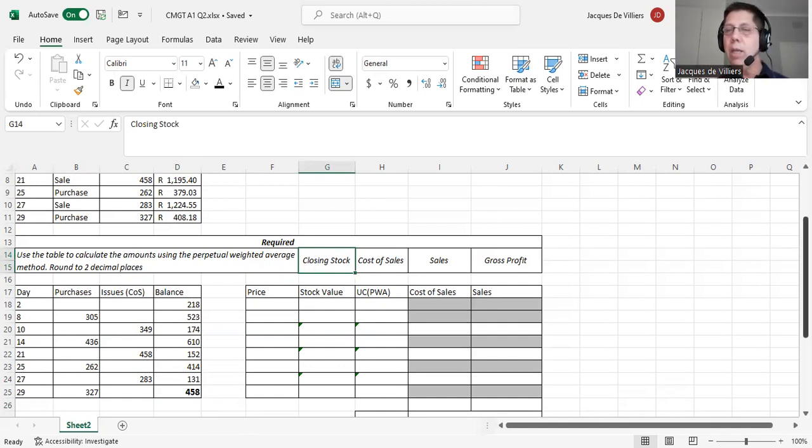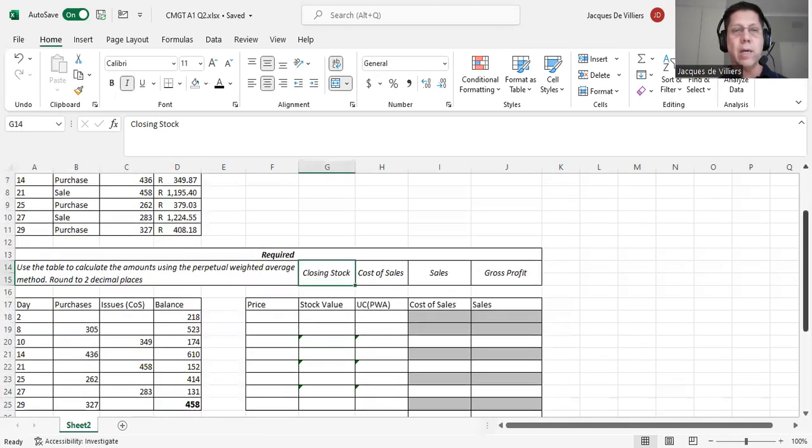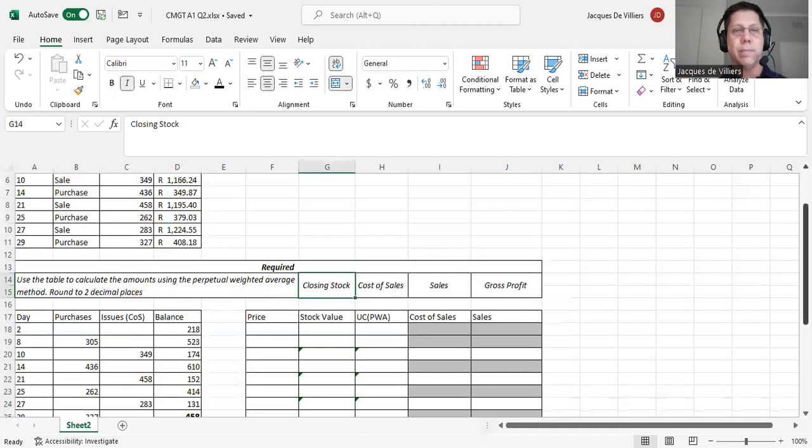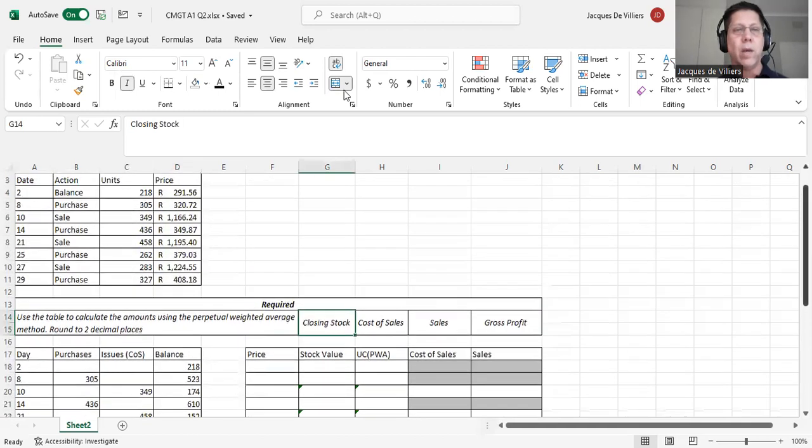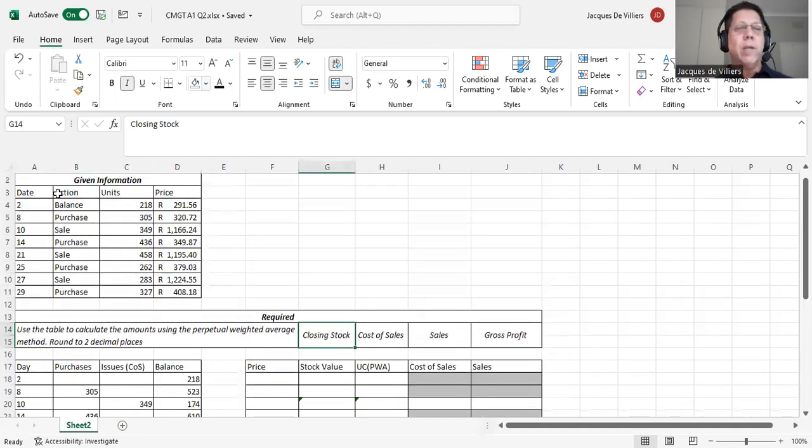Now, in the information given, just go back a little bit. You will see here that every time they give us a price. Now, this price that they give us in the table is the unit price of that stock item.